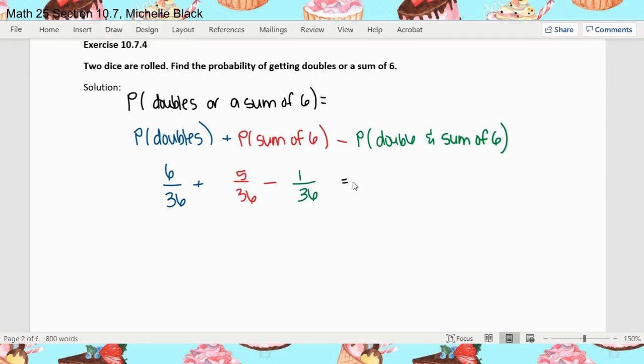Adding and subtracting these, I end up with 10 out of 36 or 5 out of 18. So the probability of getting doubles or a sum of 6 on your 2 dice is 5 out of 18.